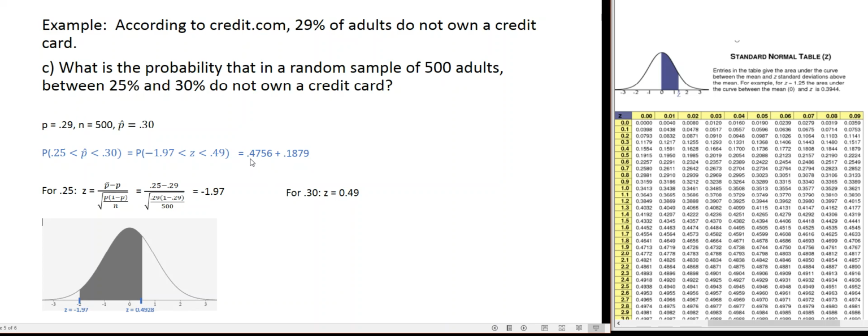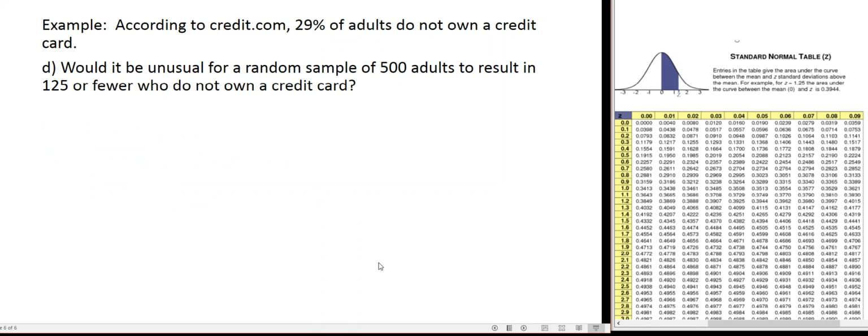So we get our 0.4756 from our negative 1.97, and then we get our 0.1879 for the area between 0 and 0.49. Okay, add those up, and we get our probability of 0.6635.